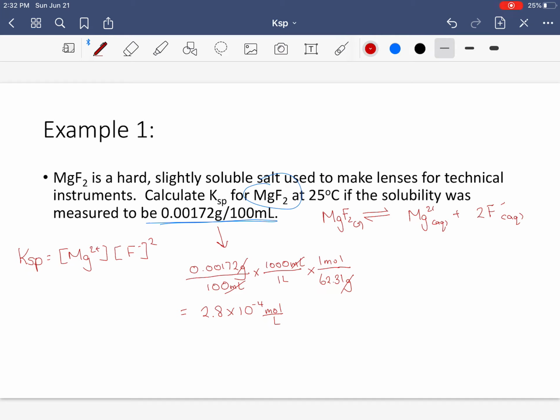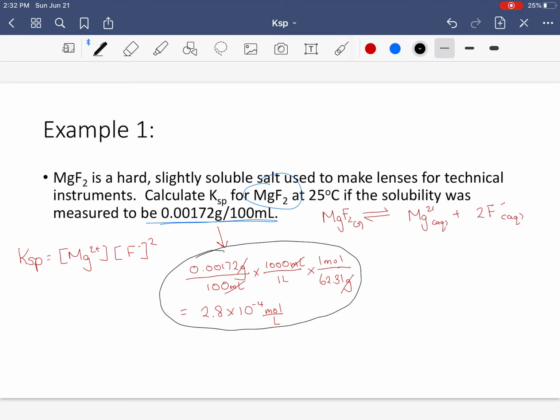Okay, this is obviously something that you have to do, because even though they're giving you the solubility point, they give it to you in grams per milliliter. So you're going to have to somehow change this to moles per liter, because the equilibrium expression is based on molarity.